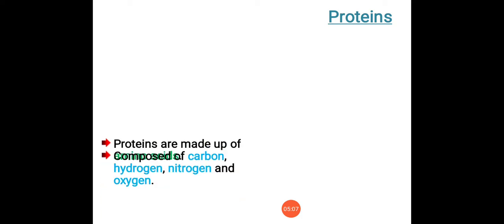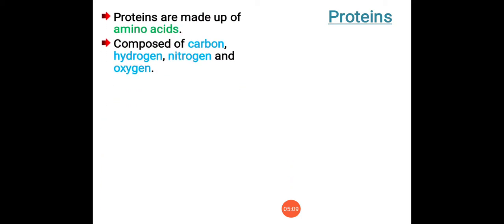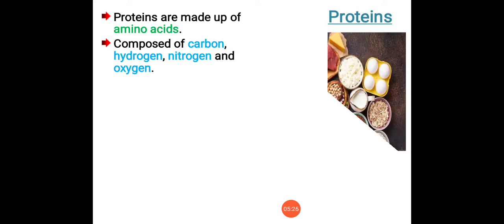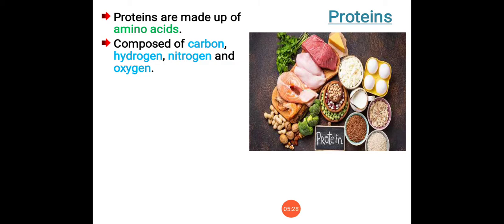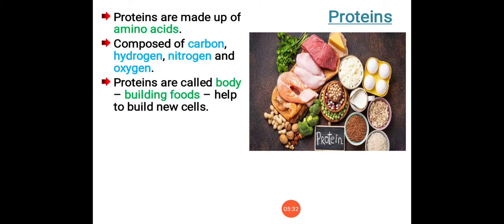The third nutrient is proteins. Proteins are made up of amino acids, which are compounds of carbon, hydrogen, nitrogen and oxygen. Proteins are called body building foods because they help to build new cells.